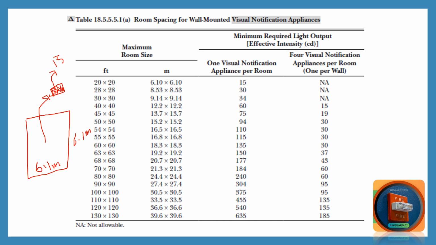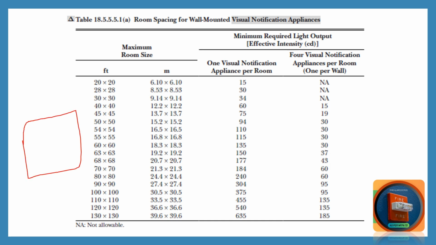For example, if you have a larger room, consider 12.2 multiplied by 12.2. So for example, if I have a room of 10 meter by 10 meter, from this table I can see the maximum dimension 12.2 meter by 12.2.